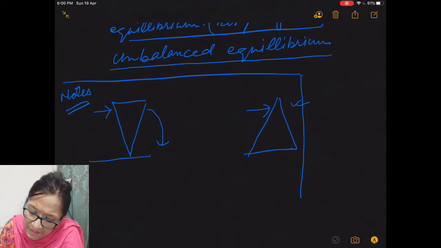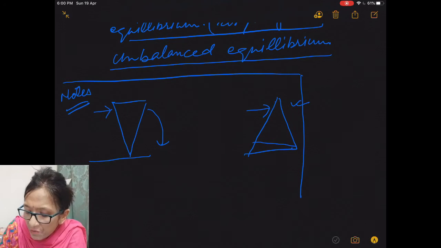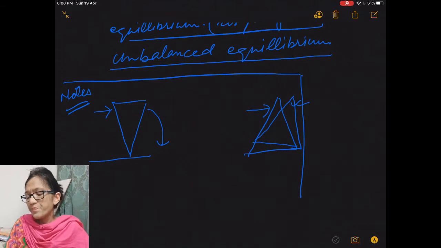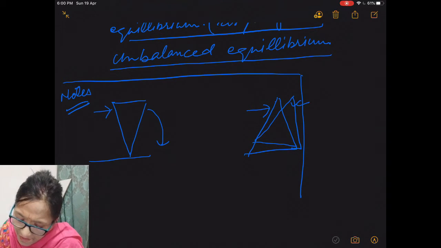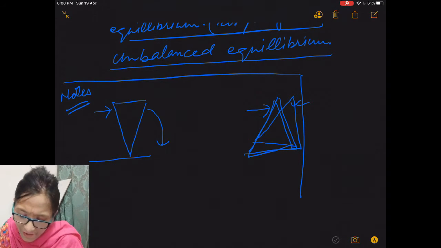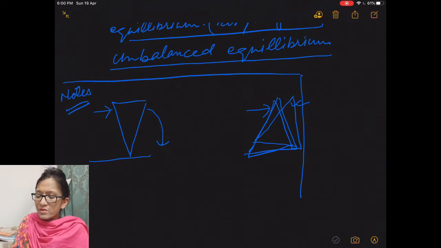But this keep, which is upside up, when you apply some force at the top of this keep, you find that after moving to some distance, and as soon as you release the force, it again comes to its initial position.